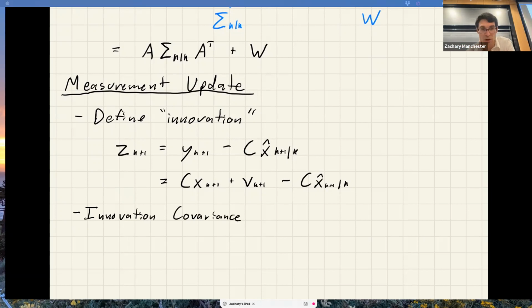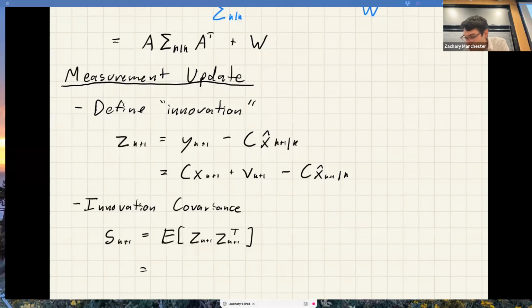I'm going to plug that into the definition of covariance. We're going to call this S, so S K plus 1 is, by definition, this thing. I'm just going to plug in the definition of Z from right up above and then do the usual simplifications.